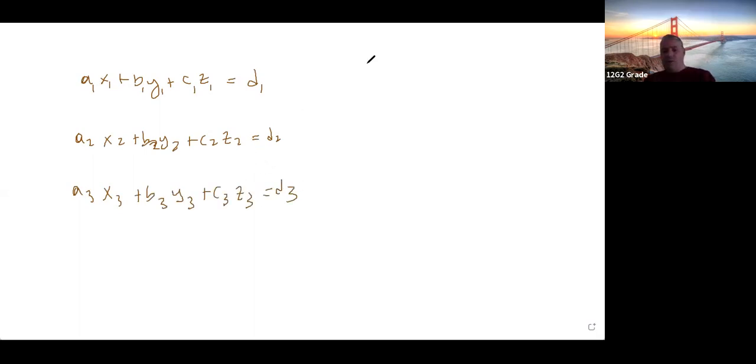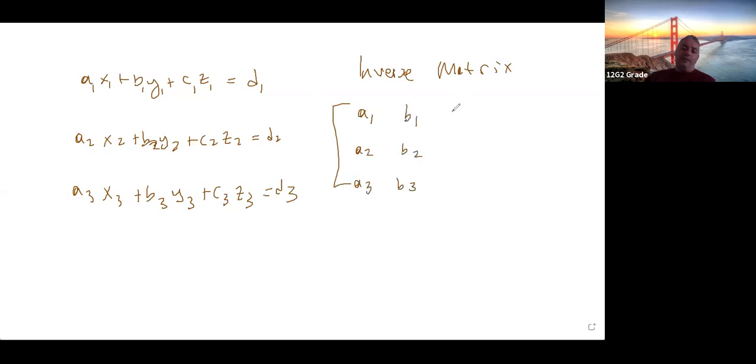So how can I solve this? By using the inverse matrix. First of all, we write the augmented matrix: a1, a2, a3, b1, b2, b3, c1, c2, c3. Is this okay? Yes, sir. And then here, be careful.